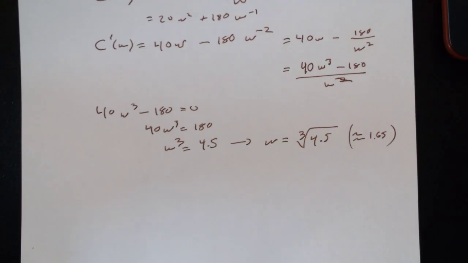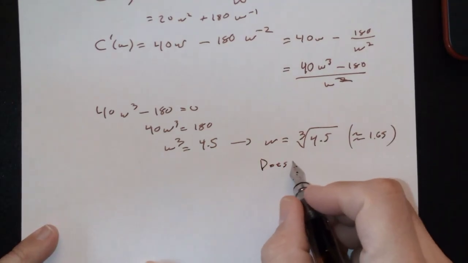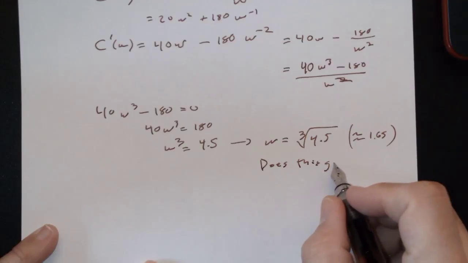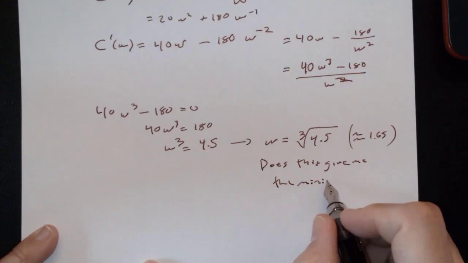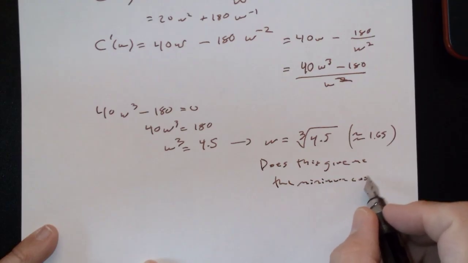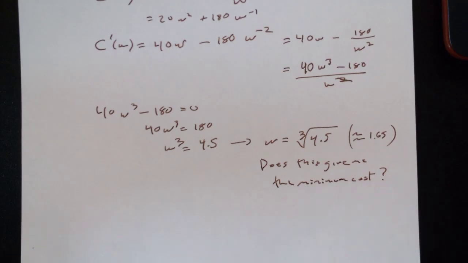Is this the width that gives me the cheapest cost? It's my only critical number, so I hope the answer is yes, but I don't know.